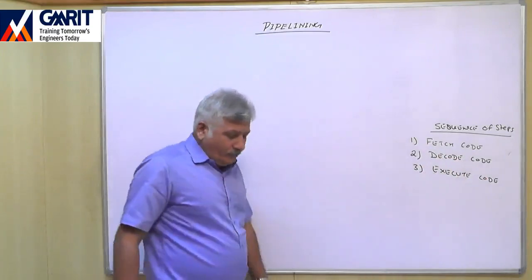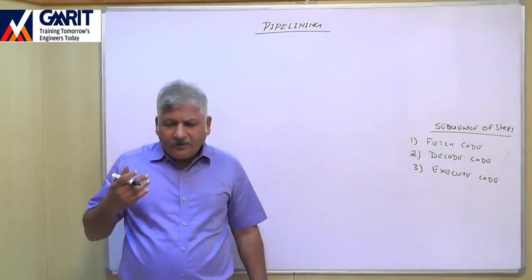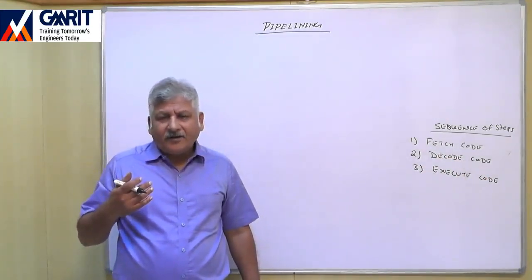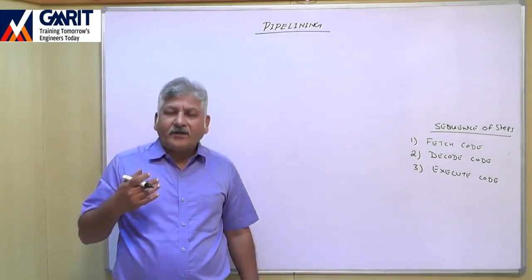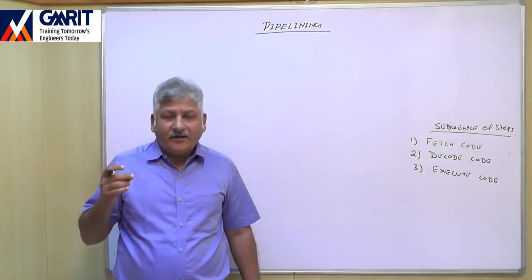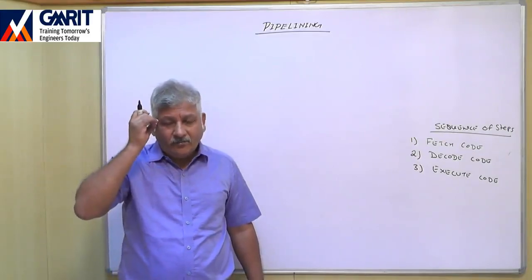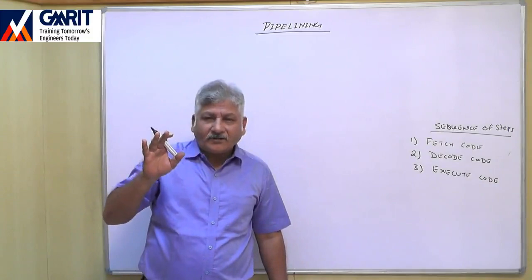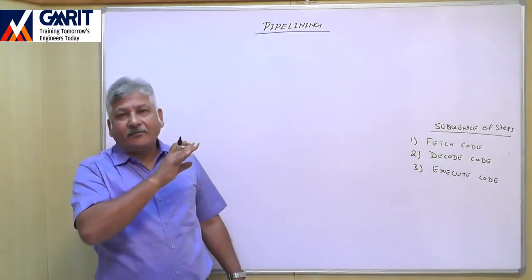Now let us take one example, when the processor has to execute 3 codes, that is, 3 operations. Consider a general processor without the pipeline concept.